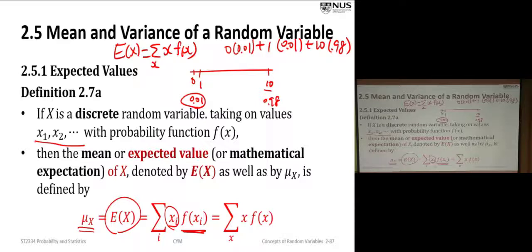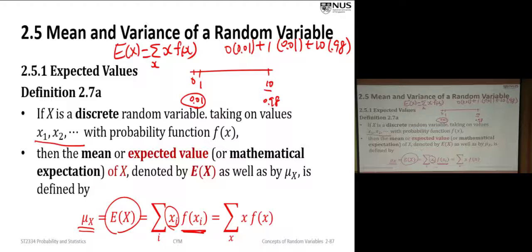So that is the expectation of x, which measures where the center is. And this is a constant. X is a random variable, but the expectation of x is not a random variable. It is a constant. All right? Sometimes it's denoted by the Greek letter mu, and it's called the expected value. It's important.